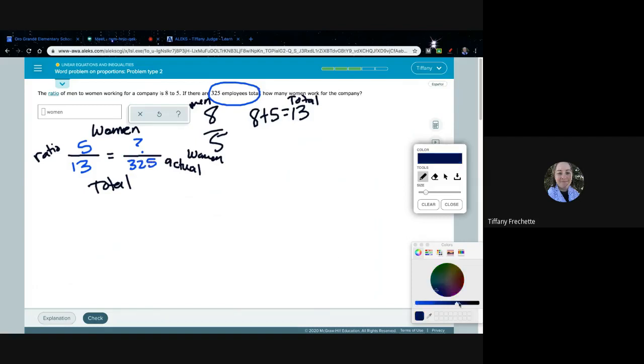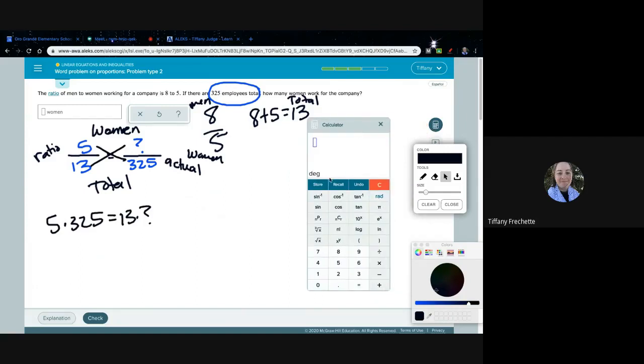So now we can start cross multiplying. We get 5 times 325 equals 13 times question mark. So let's go ahead and go to our calculator here. And we have 5 times 325. What? It got rid of my multiplication sign. 325.